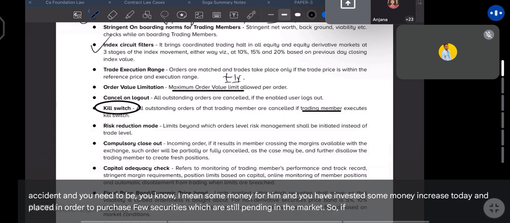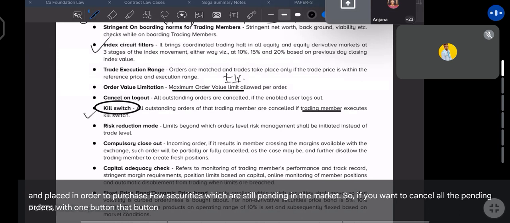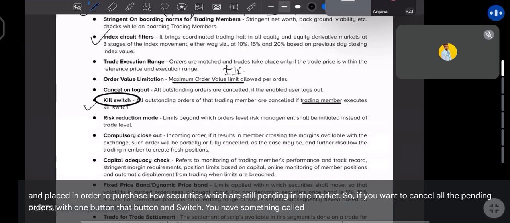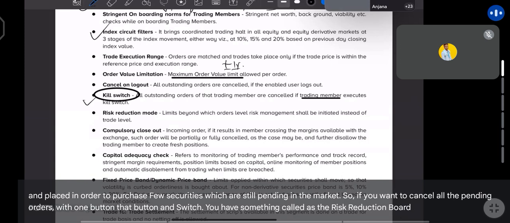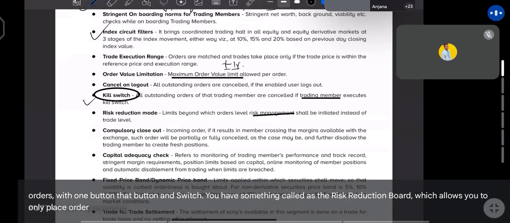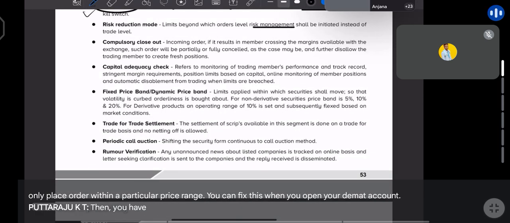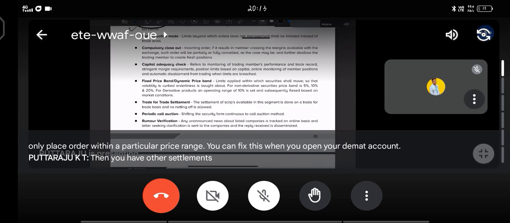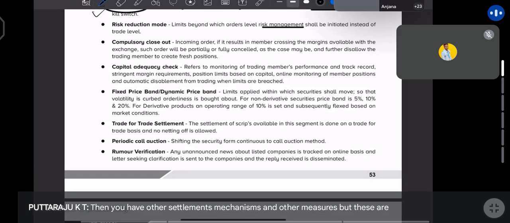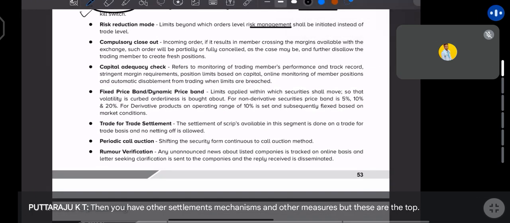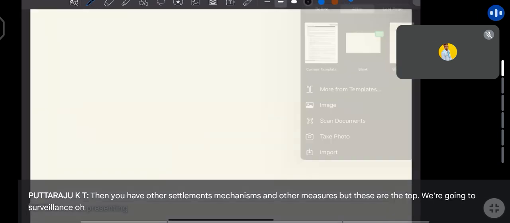So if you want to cancel all the pending orders with one button, that button is called your kill switch button. You have something called the risk reduction mode, which allows you to only place orders within a particular price range. You can fix this when you open your demat account. Then you have other settlement mechanisms and other measures, but these are the top preventive surveillance measures in general.